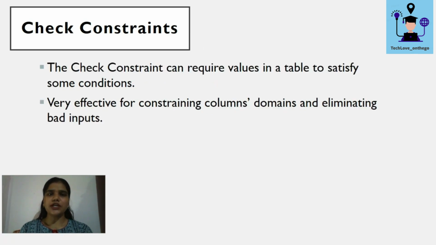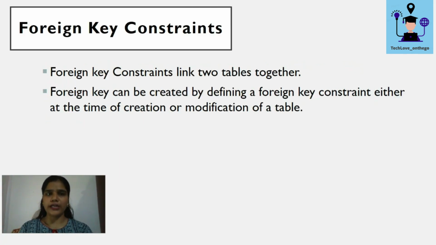Check constraint. A check constraint can require values in a table to satisfy some condition. Very effective for constraining columns and domains, eliminating bad input. So check constraint ensures whatever you are inputting in some attribute should be according to your need. So whatever constraint you want to apply on that attribute, you can apply. Foreign key constraint.